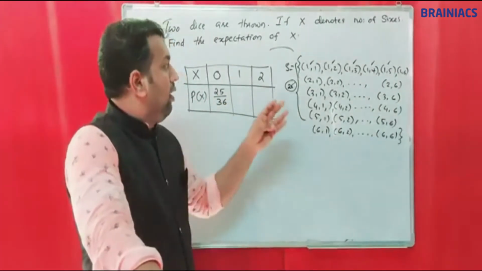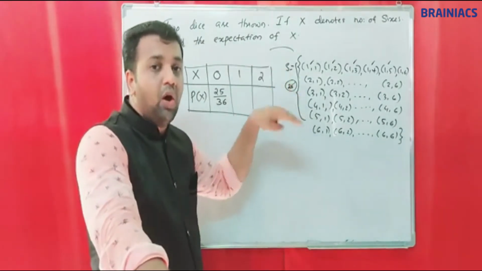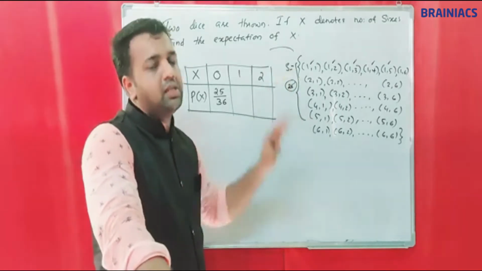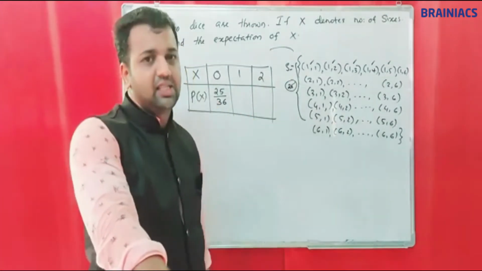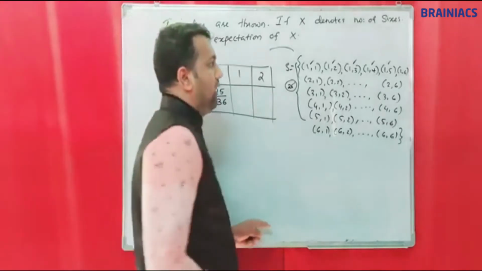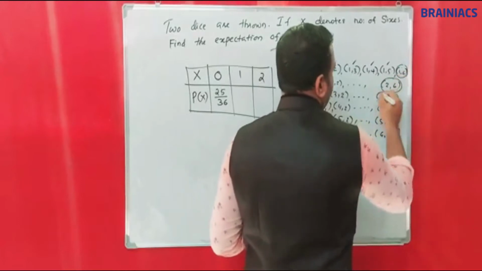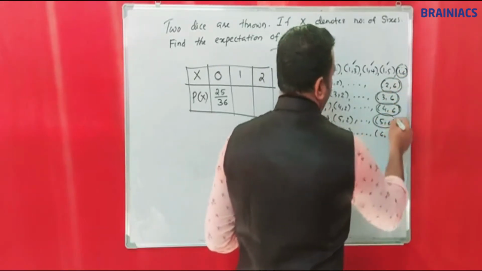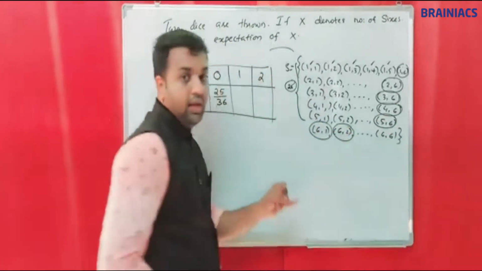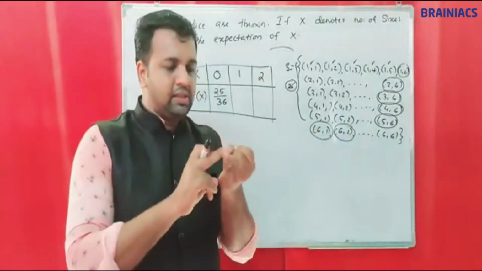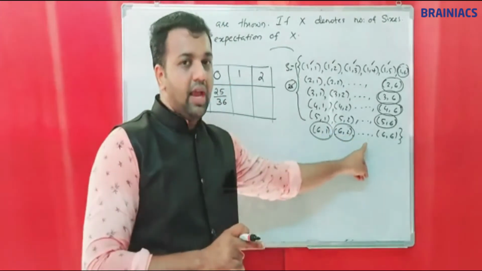Okay, there are 25 cases in which 6 is not involved in the results. Then considering there is only one 6, in how many cases is there only one 6? That is 1, 2, 3, 4, 5, 6, 7 — after 6,2 there are 6,3, 6,4, 6,5, so 7, 8, 9, 10.